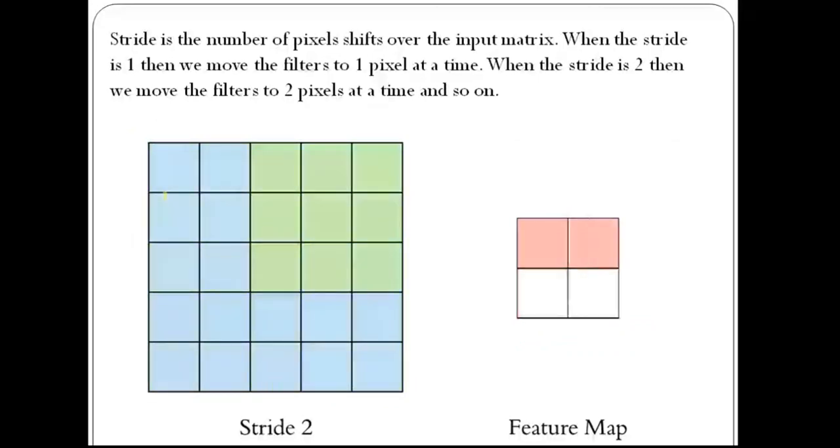Input size will be reduced more, and we will move the filter by 2 columns and 2 rows. So it reduces the feature map according to the number of strides we are using. If the number of strides is higher, then the output image has a lower height and width. So we need to decide based on this.